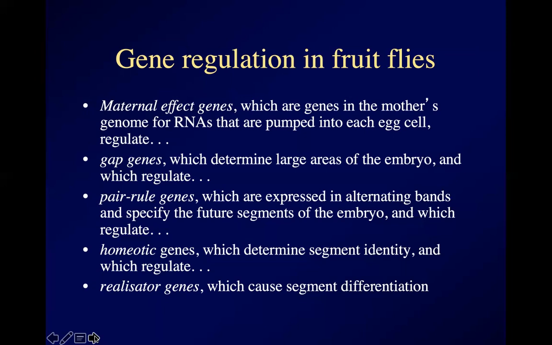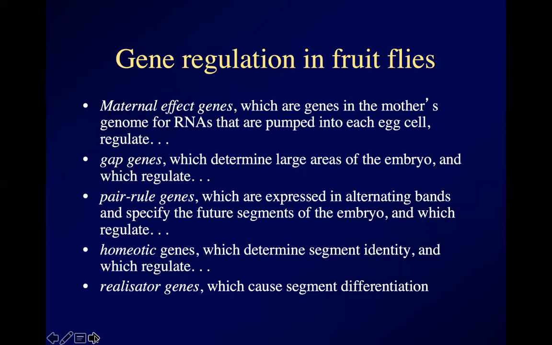Gap genes determine large embryonic areas. What's going to be the head, what's going to be the abdomen, what's going to be the thorax. And the gap genes work because they switch on or switch off a second level of embryonic genes called the pair rule genes.